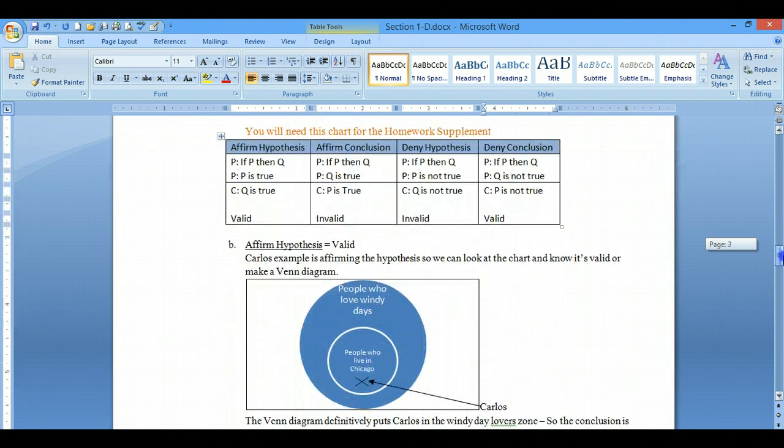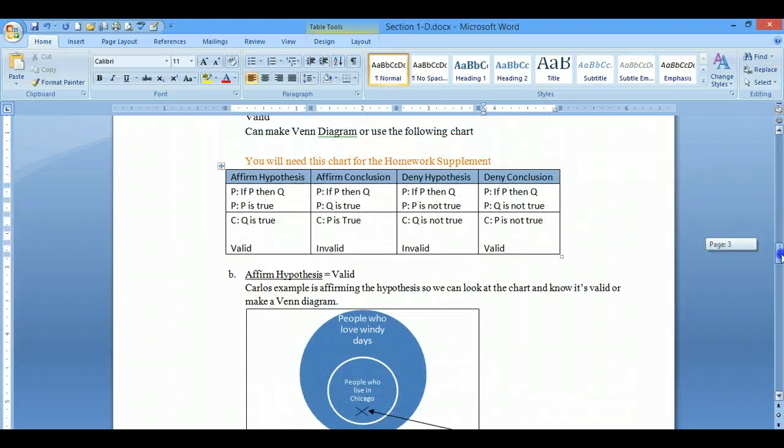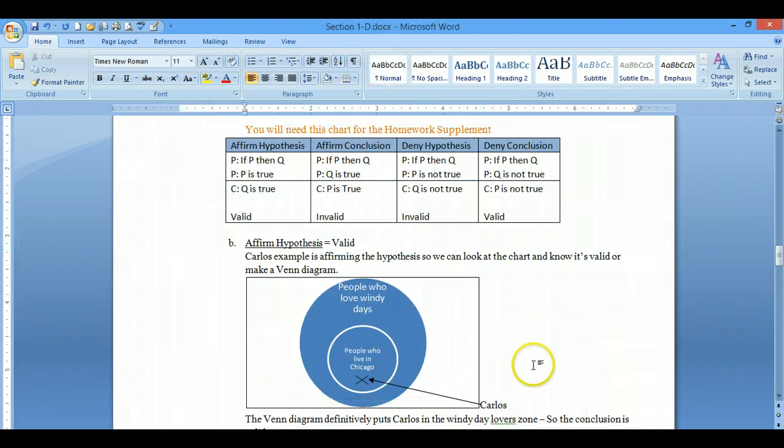Okay, let's try the next one, B, affirming the hypothesis. Affirming the hypothesis is a valid argument. This is our example of Carlos and windy days. So we have two ways of proving that it's valid. We can use our chart. You can find it in your book or on here, or you can create your own Venn diagram. So Carlos, that's affirming the hypothesis. So we have all people who love windy days, because there are more people than those that live in Chicago.